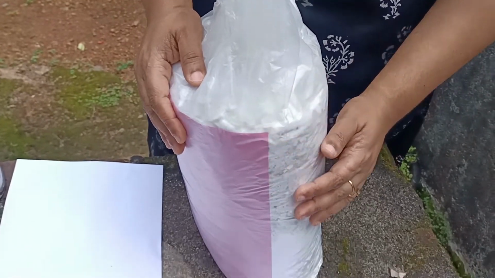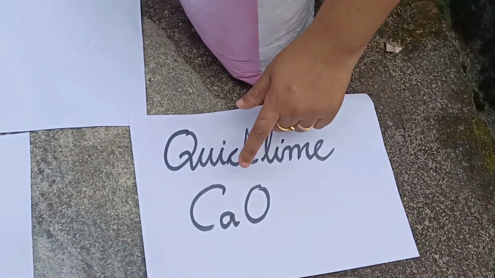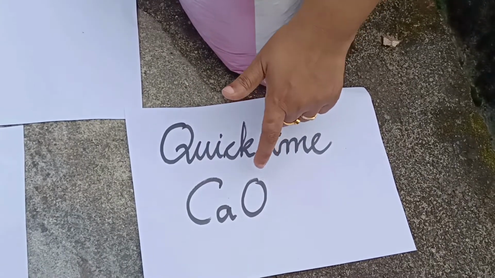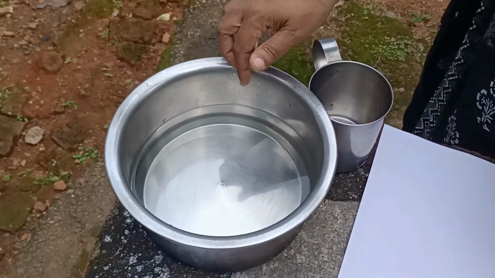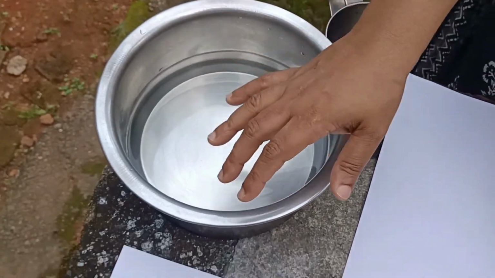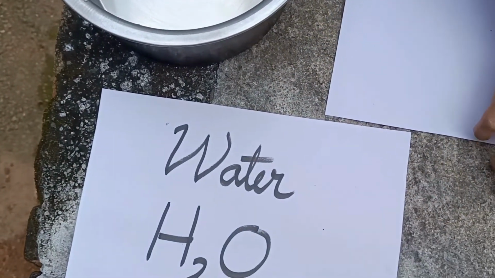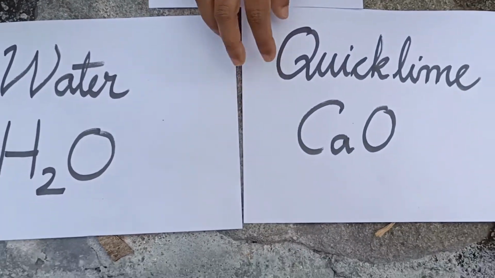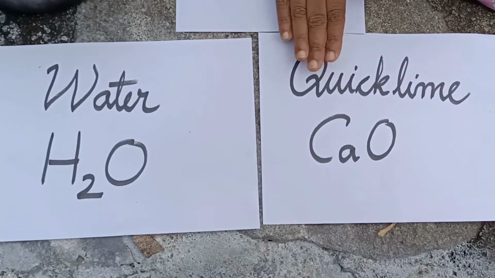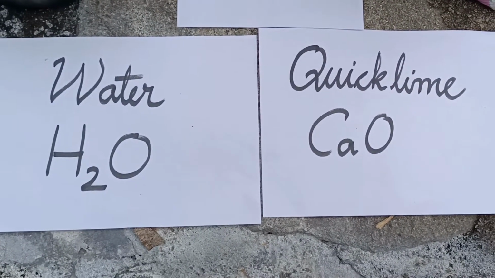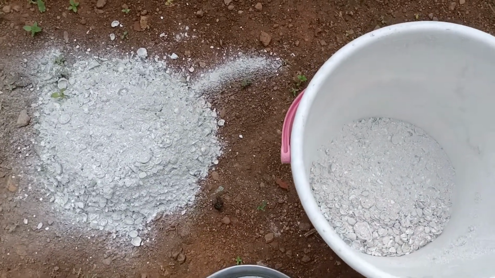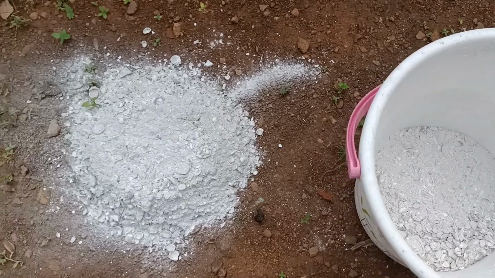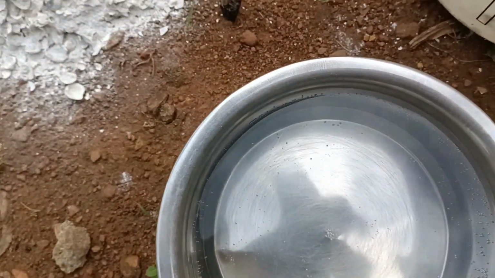This is basic. So quicklime is calcium oxide. Our next reactant is water, pure water. So these two are the reactants. So let's see the reaction between quicklime and water. Okay. So now children, we can see the combination reaction of quicklime with water.